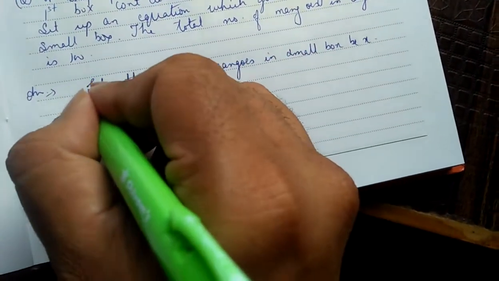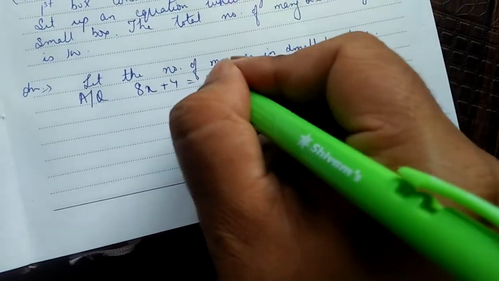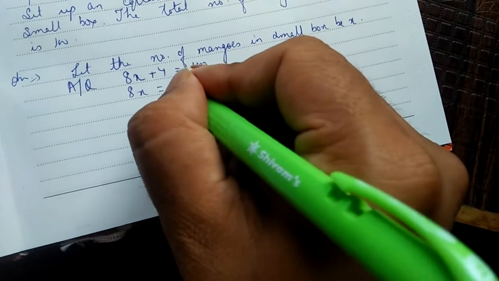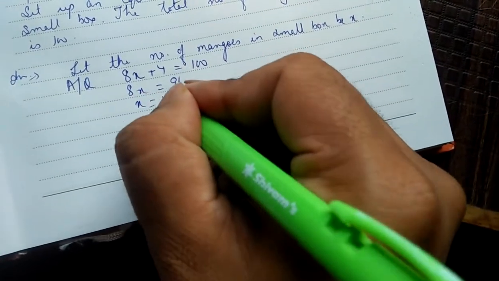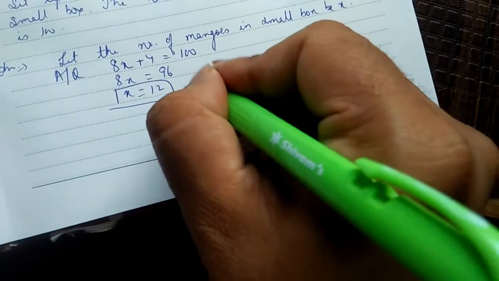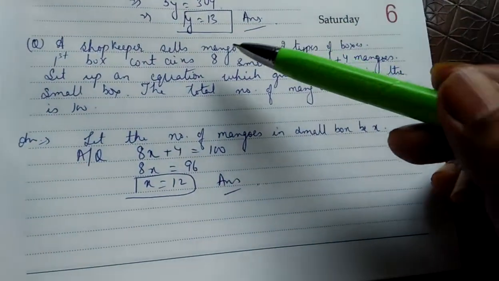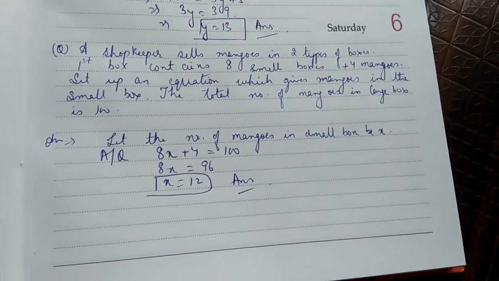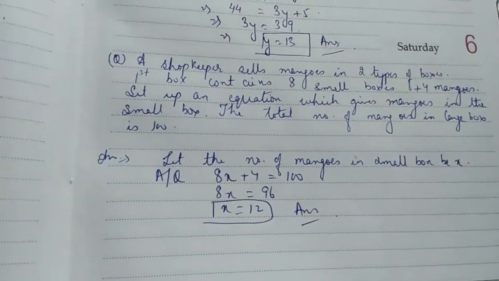According to the question, 8x plus 4 is equal to 100. So 8x is equal to 96. X is equal to 12. That's your answer. You simply have to understand what the question is asking and form the statement according to the question. So this is simple enough.